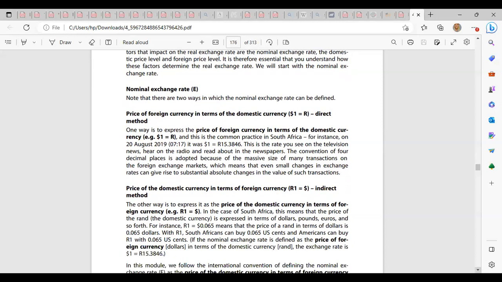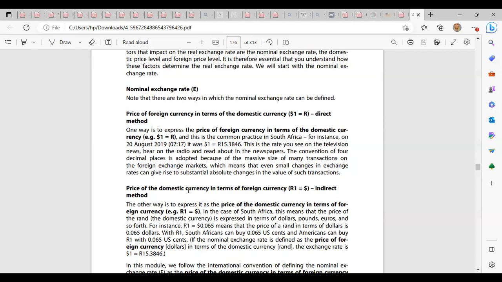I'm going to check from another trade textbook. All right, and then this is the other one. So we need to be careful when dealing with these currencies. What you need to identify now is, okay, they say the price of foreign currency in terms of the domestic currency.